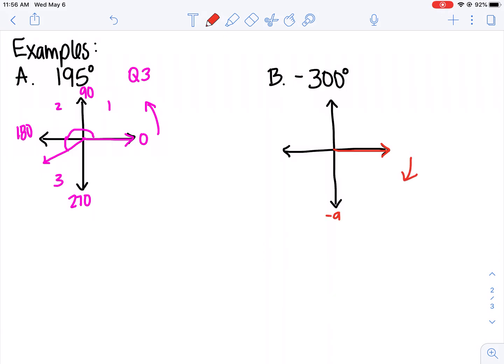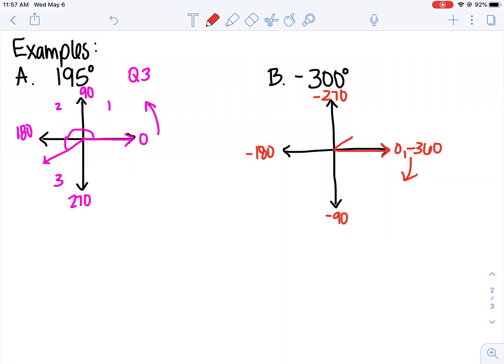So now we have negative 90, negative 180, negative 270, 0, and negative 360. So it's 300 degrees. When I say more than, I mean it's going to be further in the negatives. So it's going to need to go further in the negatives for 300, or more than negative 90. And so we're going to keep going until we get to negative 270, and negative 360.